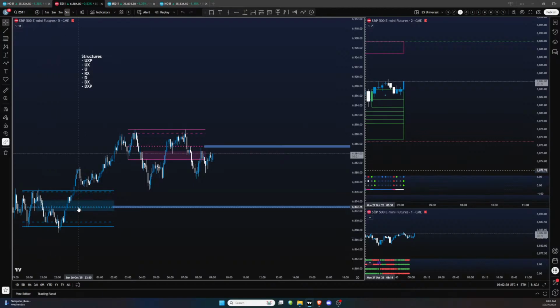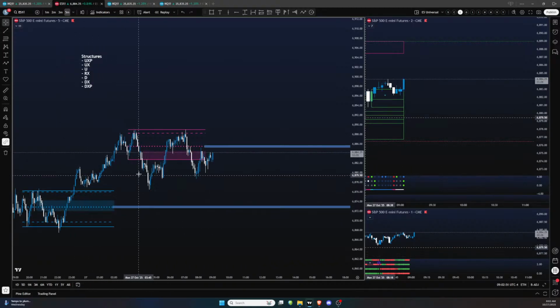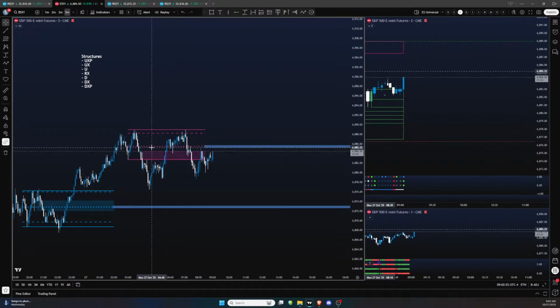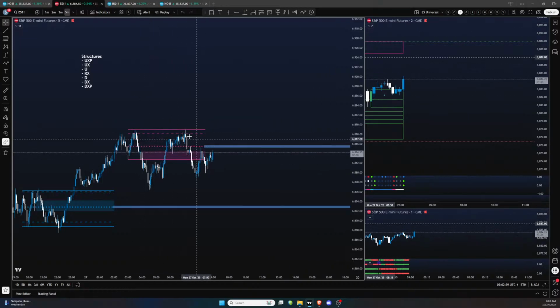So if we look at ADR to ODR, we have what's called this UXP structure, right? We have the ODR session that's entirely above the ADR session. We didn't talk about confirmation, so confirmation is important. Confirmation is the directionality that occurred during that prior session.